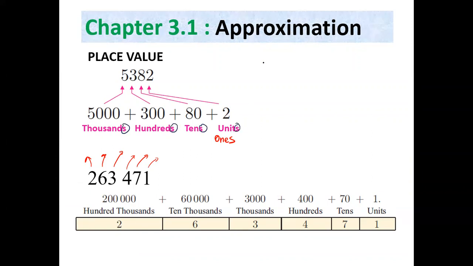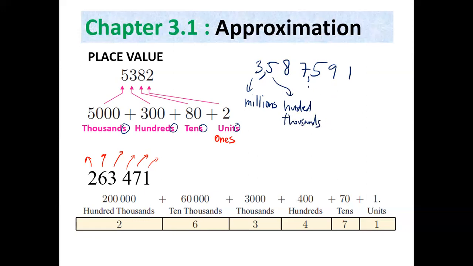So if I have the number, let's say 3,587,591, you may put this separation. This will be thousand. This will be million, right? So the place value of 3 is millions, using S. 5 is 100,000s. Use S again.